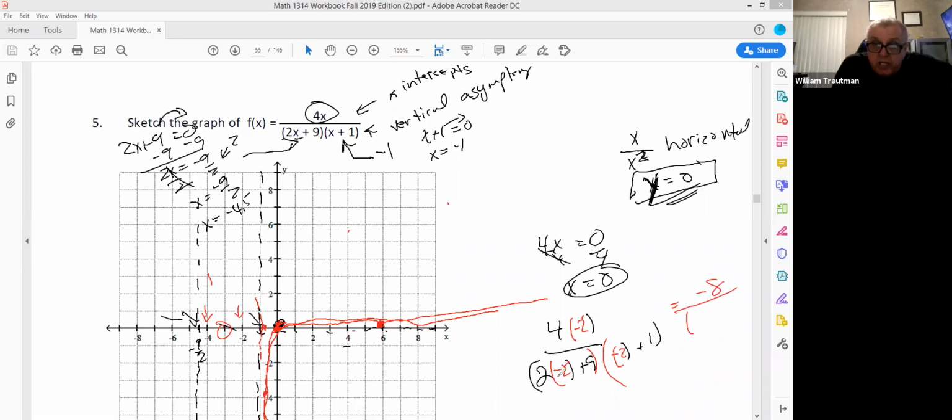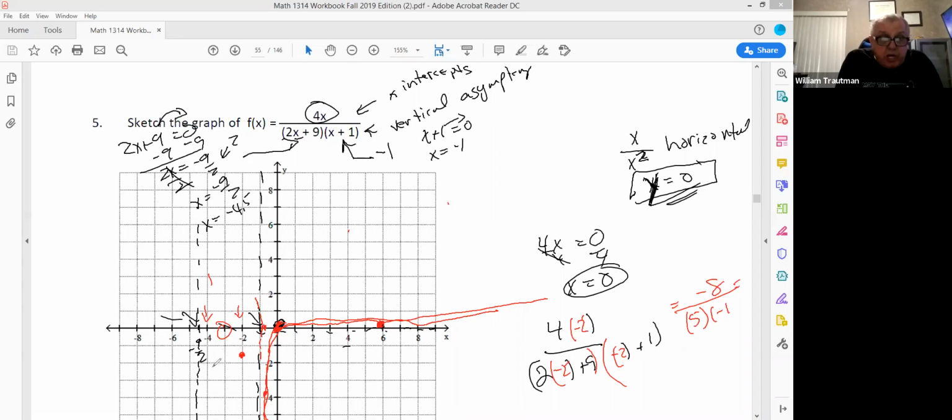On the bottom, 2 times -2 is -4, plus 9 is +5. -2 plus 1 is -1. So -8 divided by 5, that's -1.6. So at -2, we go to -1.6 right there.